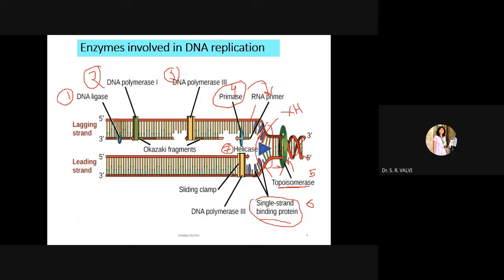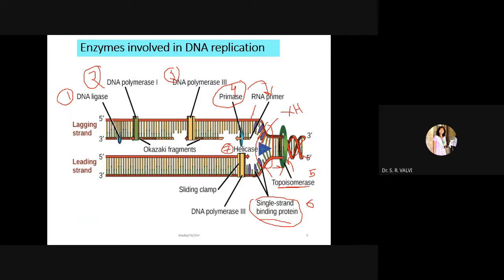RNA primers are nothing but nucleotides. These nucleotides help begin the replication process, right? If there were no RNA primer, synthesis of a new strand would not occur. Something should be there to start this process. So the RNA primer starts the replication process, right?